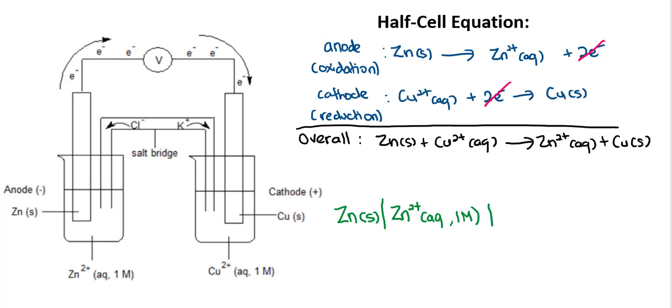And then we have a salt bridge to separate our two half cells. And then for the cathode, we have the copper 2+ ion, the concentration is 1 molar, and it is separated by a phase boundary, and then we have our copper electrode.